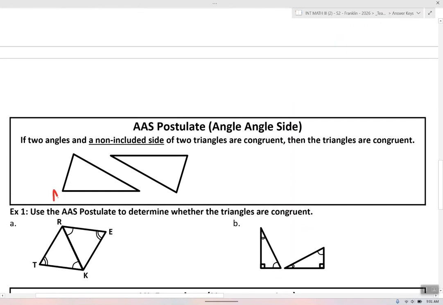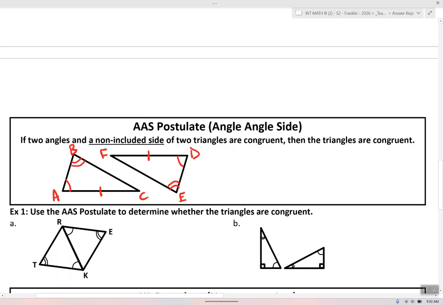So again, I've got my triangles. We'll call them ABC and DEF. So if I have two angles, let's say I have angle A and angle D, and angle B and angle E, and a non-included side, so any side here. Let's say this side, AC and DF.